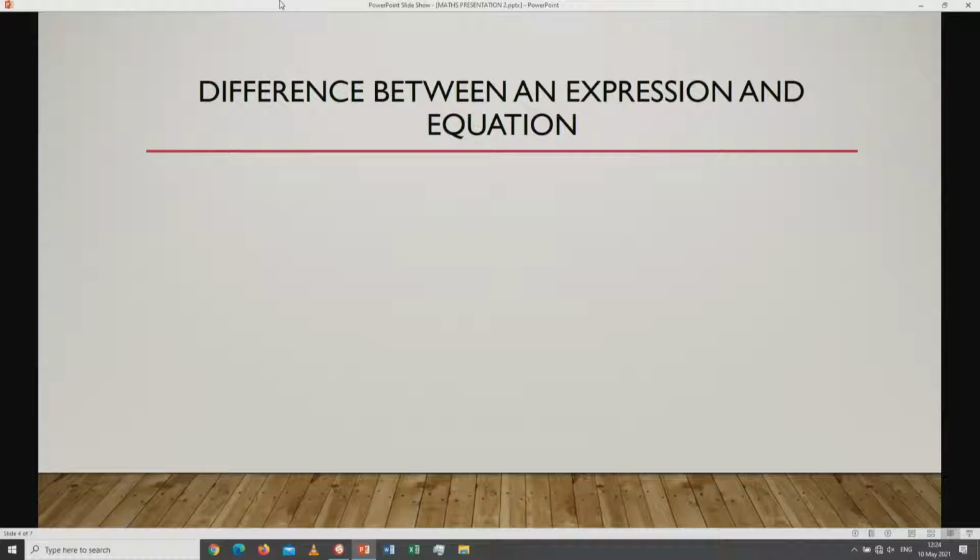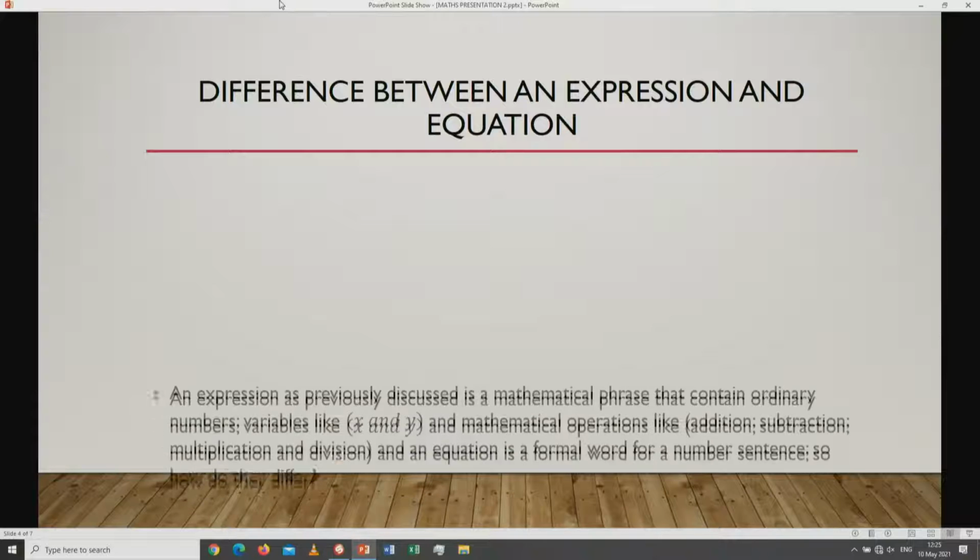Then, how do we understand the difference between an equation and an expression? Let us see.